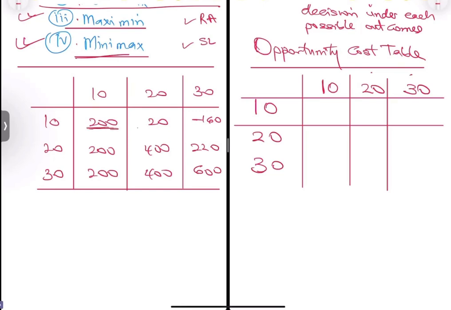We are not regretting anything. We are better off, because if we are taking the 20 decision, we'll be making just 20 profit. And if we are taking a decision to buy 30, we'll even be making a loss of minus 160. So if we take the decision to buy 10 and the outcome is 10, there is no regret. 200 minus 200 is 0, because 200 is the best outcome.